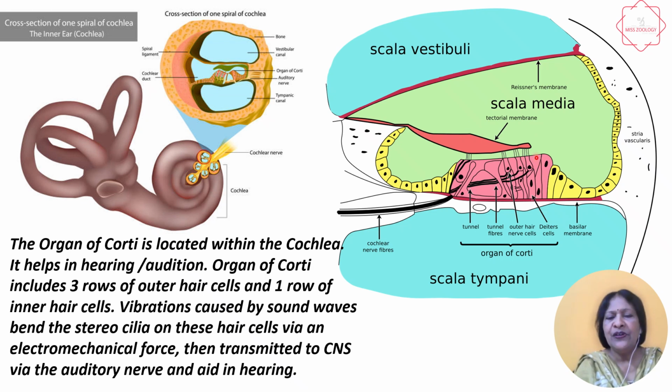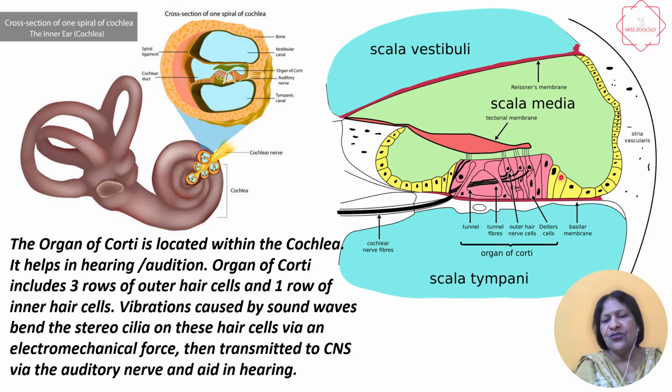Now, if we look further into the details of these sensory cells, we find the fibers near the upper end of the cochlea resonate to the lower frequencies, whereas the fibers that are present on the basal part, close to the oval window, resonate to the higher frequencies of sound.